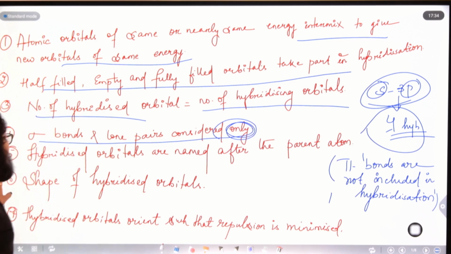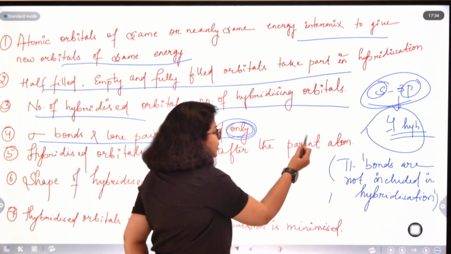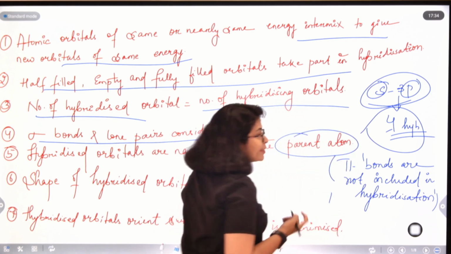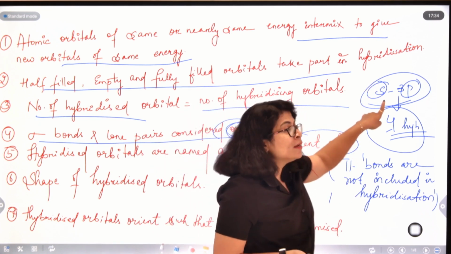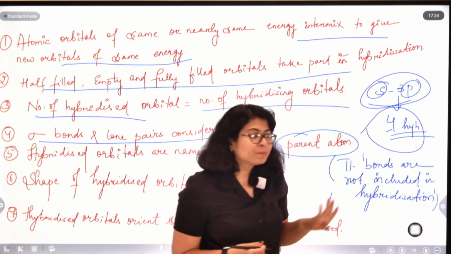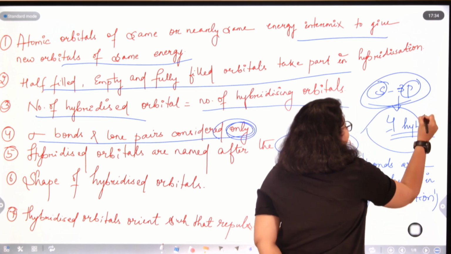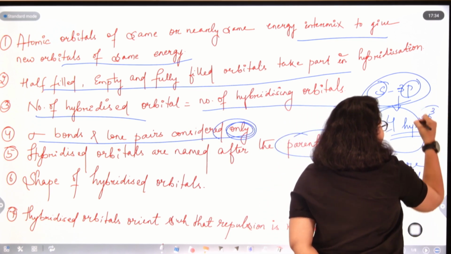Hybridized orbitals are named after the parent atom. Parent atom means the hybridizing orbitals. For example, if I'm taking 1s and 3p, I'm getting 4 hybridized orbitals. So the name of this hybridized orbital will be sp3, right?